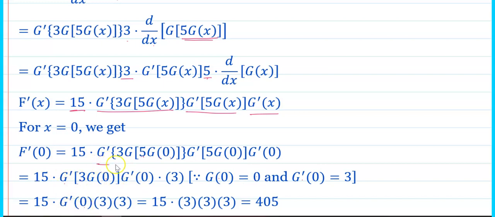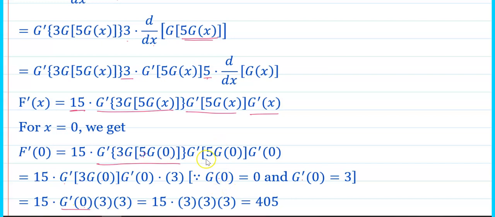Once again I will repeat here. g of 0 is 0, 0 into 5 is 0. Then again g of 0 is 0. 0 into 3 is again 3. Then finally you find the g dash of 0 and it is here.